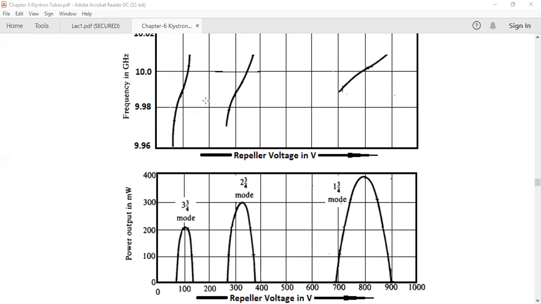It indicates that the mode of operation depends upon the repeller voltage. For all voltages we are not getting the output; only at a specific repeller voltage do we get the output. That is called the mode of the reflex klystron. That mode decides the power and the tuning range.